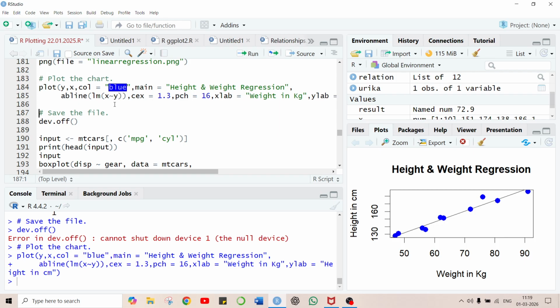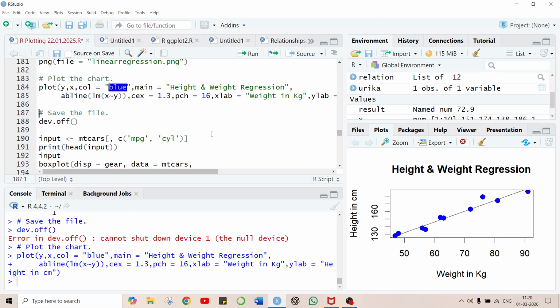Y is equal to mx plus c. The point character is 16 and the point size is 1.3, and then the x axis and y axis. So this is how you are plotting a linear regression on a graph.